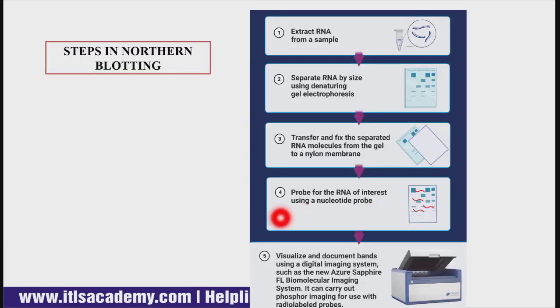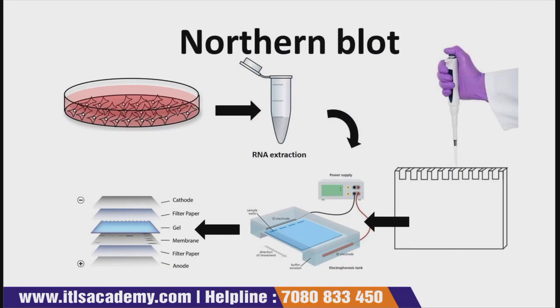Then the last step says that they visualize the bands using a digital imaging system such as Sapphire FL biomolecular imaging system. It can carry out phosphor imaging for use with a radiolabeled probe. So these are the 4 steps that are generally there in northern blotting.